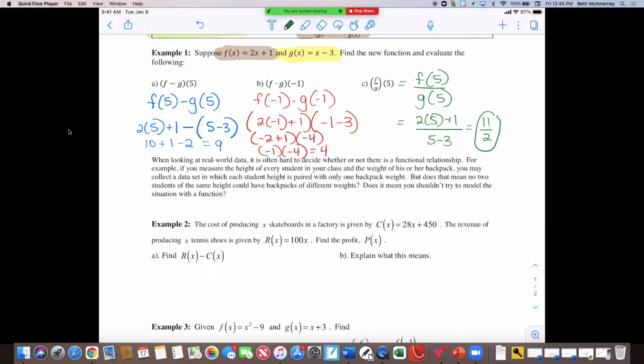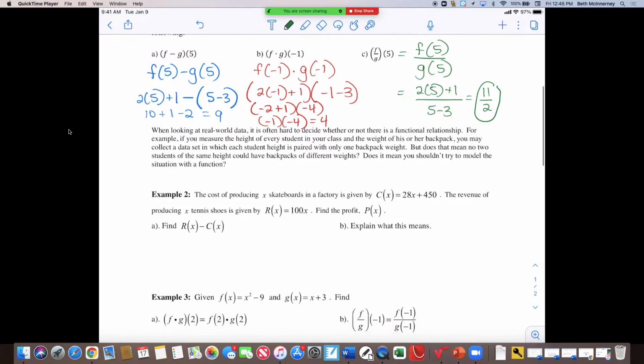But does that mean no two students of the same height could have backpacks of different weights? No, it doesn't. Does it mean you shouldn't try to model the situation with a function? Well, we might want to, and if you remember from Algebra 1, you did a line of best fit, so sometimes that would work. So who cares about doing function operations?